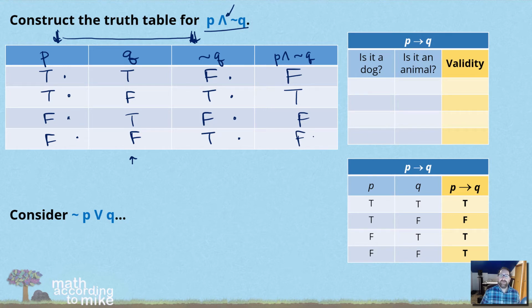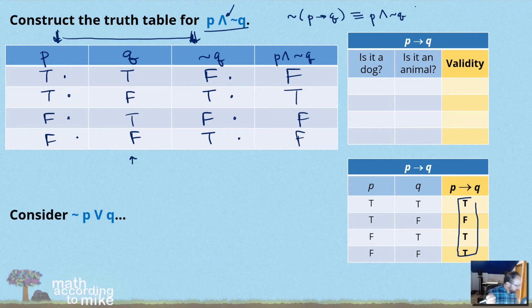Notice the pattern. False, true, false, false. That is the complete opposite of true, false, true, true. In other words, if you negate an if-then statement, then it is the same thing as an AND statement. In this case, P and not Q.